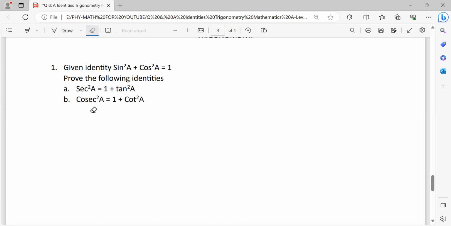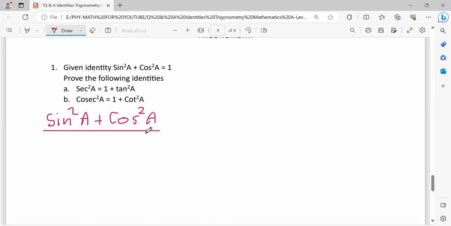Over cos, because squared, so over cos. So sine A squared plus cos A squared over cos A squared equals 1 over cos A squared.